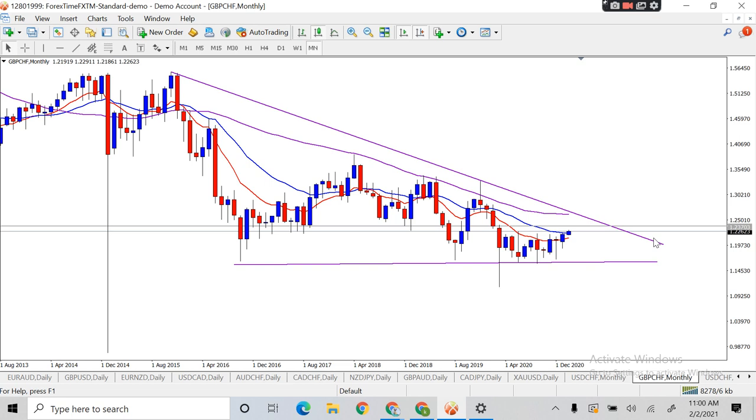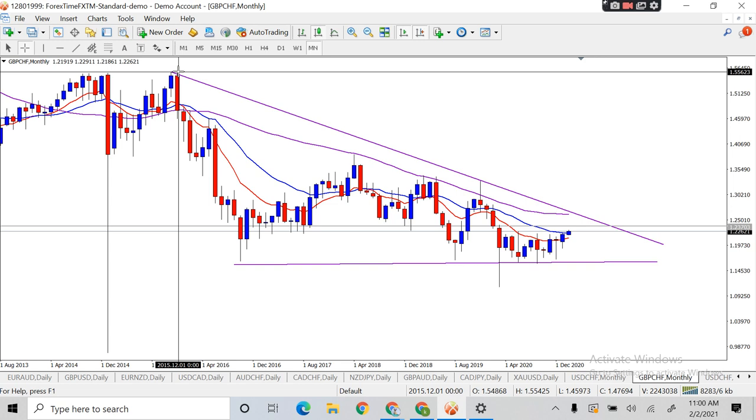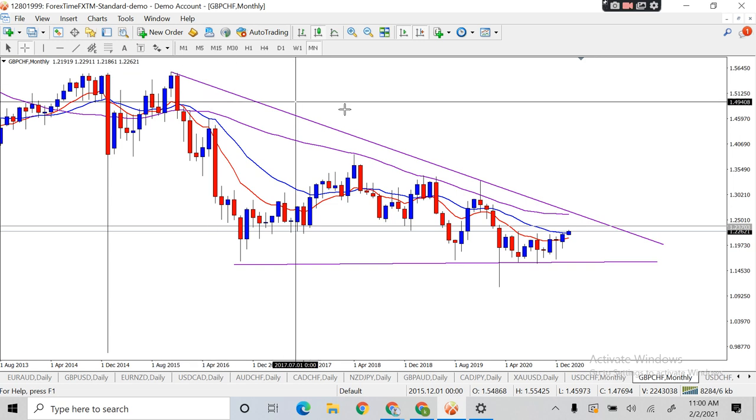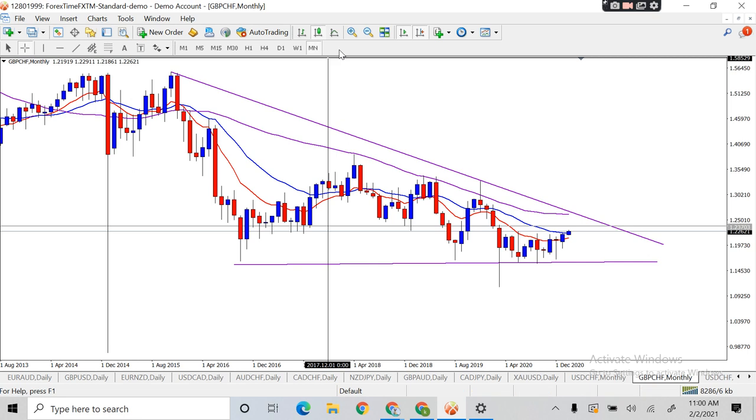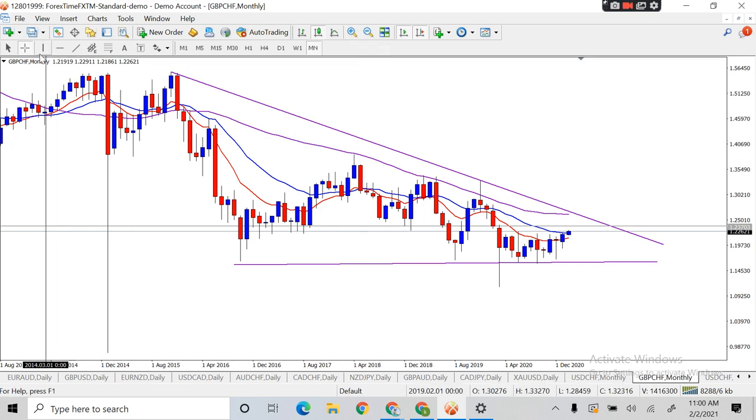It has been in a descending triangle for a very long time, since about 2015. So I'm expecting a breakout of the descending triangle. That's why, from the analysis, I'm looking at a bullish or buy bias for this pair on monthly.